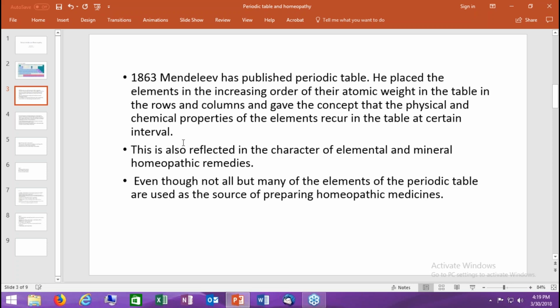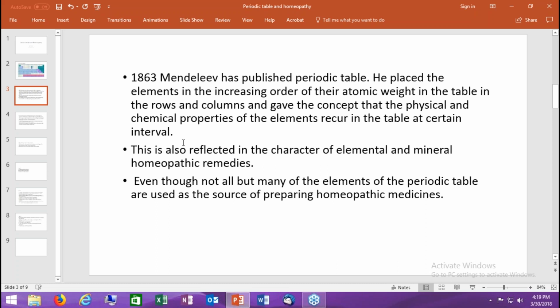Homeopathic remedies have 6 sources of drugs, out of which one is the mineral. So from these elements and minerals also we prepare medicine.